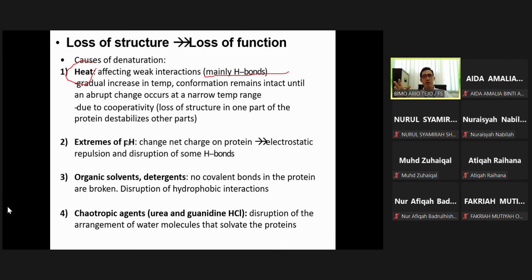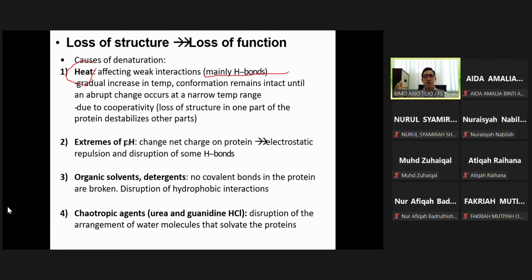You increase the temperature from 37, normal body temperature, to 40, all these interactions are gone already. So temperature can destroy the protein. Not in terms of destroying the covalent bond, the covalent bond is still maintained, but they destroy the protein in terms of the weak interaction, dia hilang.